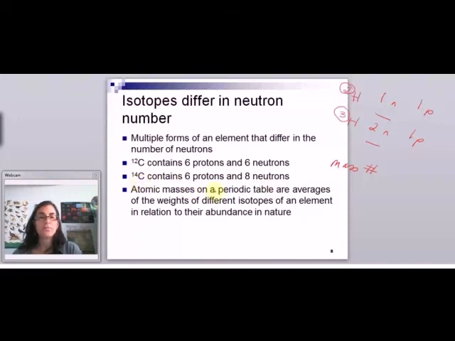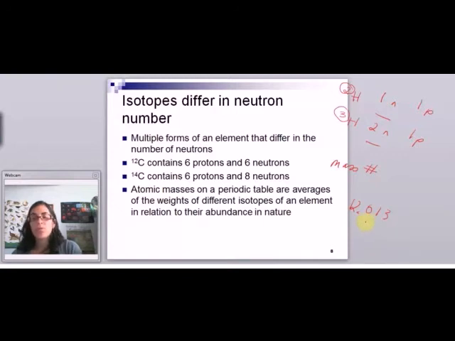And that gives it a mass number of 14. If you looked on the periodic table for carbon, you'd see something that looks something like, and I'm just making this up, I don't know the periodic table off the top of my head, but you'd see a number that's like 12.0-something. And that's because the mass that's given for the atom on the periodic table is actually a weighted average.